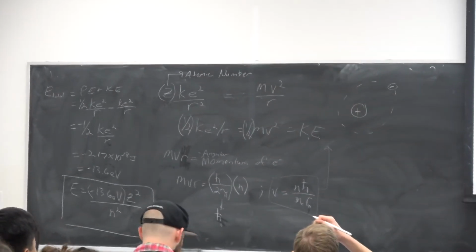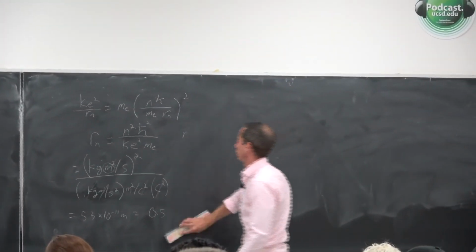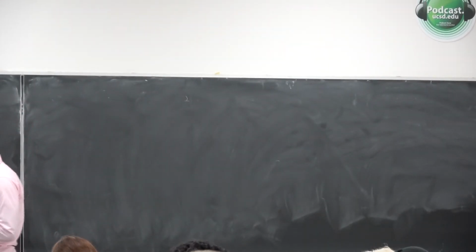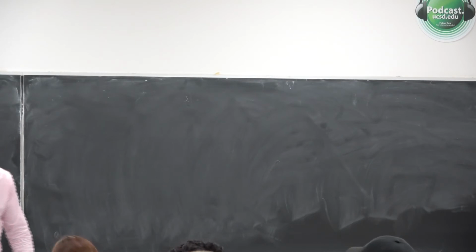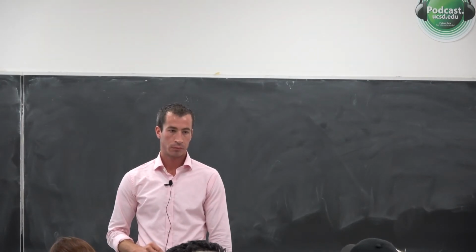Okay, so now we good? I have a question. Yeah. When you're talking about the negative, it's the amount of energy required to release the electron from the n equals 1 shell, right?